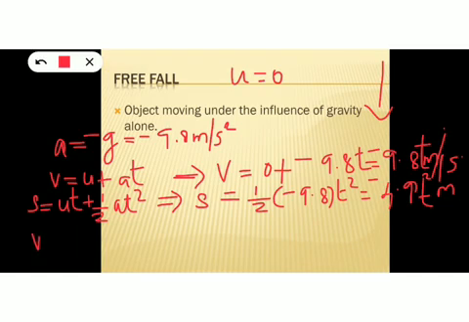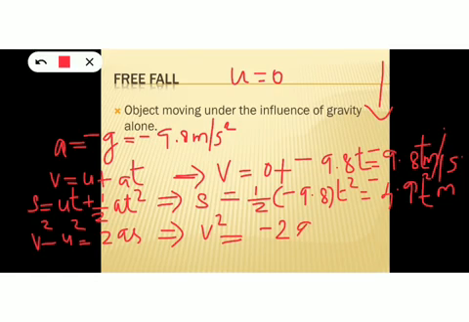And the third equation of motion is v square minus u square equal to 2as. So for a free fall, it will be v square minus 0 equal to minus 2, that is, a is negative, so minus 2 g s. And what is g? 9.8, into s. And that s can be considered as y, because motion takes place in the y direction.